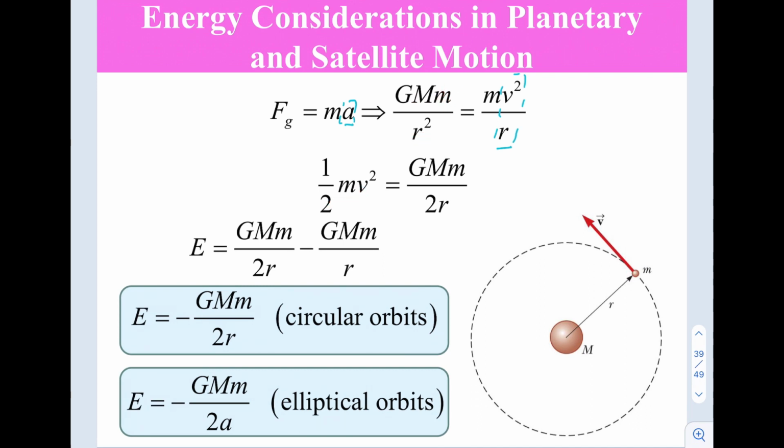And kinetic energy is half mv squared, so this is rearranged. If we multiply this side with half, this side also must be multiplied with half. So the R already cancels out.